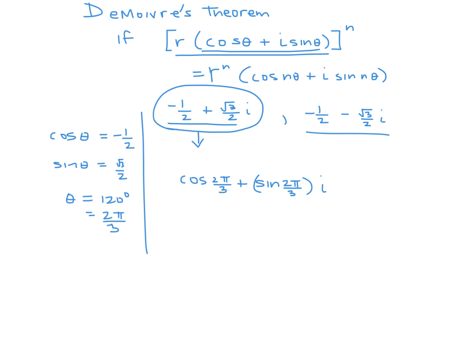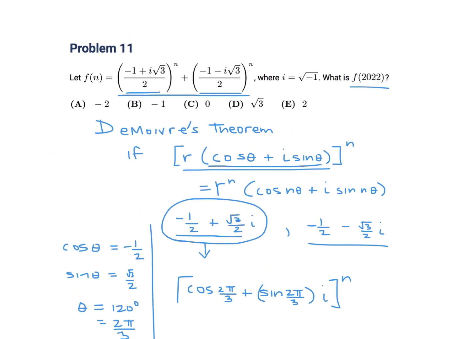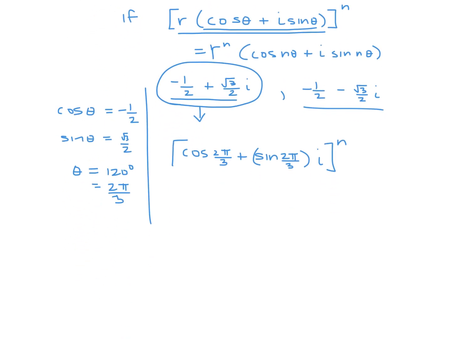Okay, so what we want is for this to be raised to the nth power, right? And what is our n in this case? Our n is 2022. So this becomes (cos 2 pi over 3 plus i sine 2 pi over 3), all to the power of 2022.